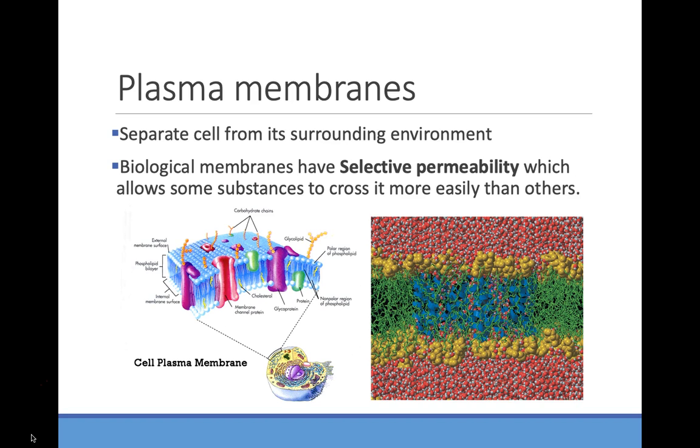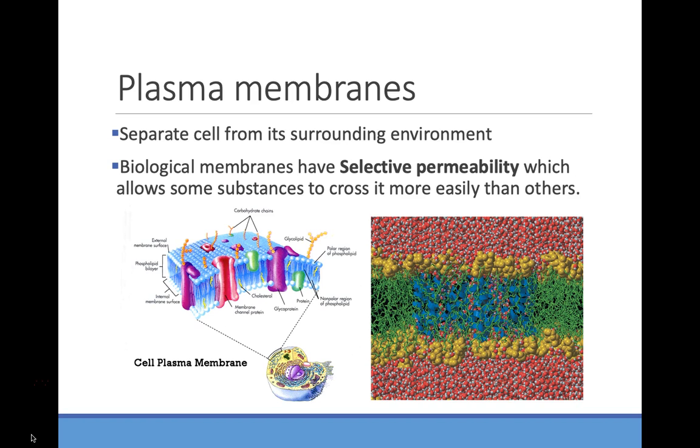If you look at the first image in your textbook, there are a lot of rope-like molecules on the outside. Remember, that's the extracellular matrix. And then on the inside as well, we have the cytoskeleton. So those are giving the structural support, whereas the plasma membrane is giving a boundary.